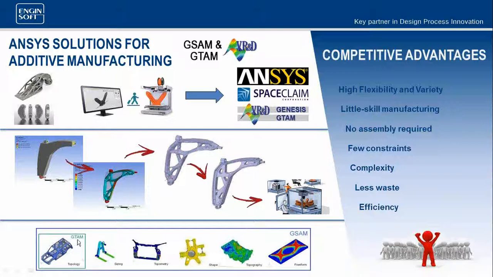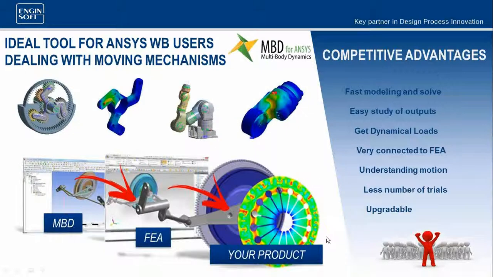The difference between the two GSAM tools is related to the kind of analysis. For example, with one of them, it's possible to realize just topology optimization. With the other, it's also possible to realize sizing, topometry, shape, topography, and free-form analysis, all inside the Workbench environment.